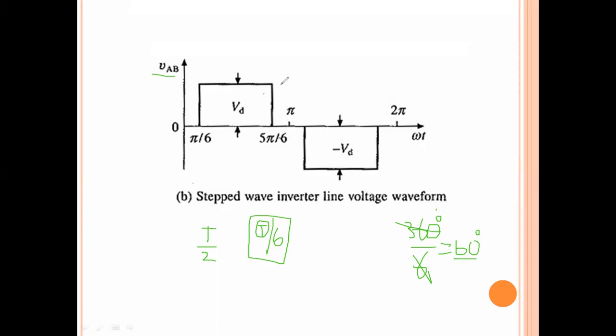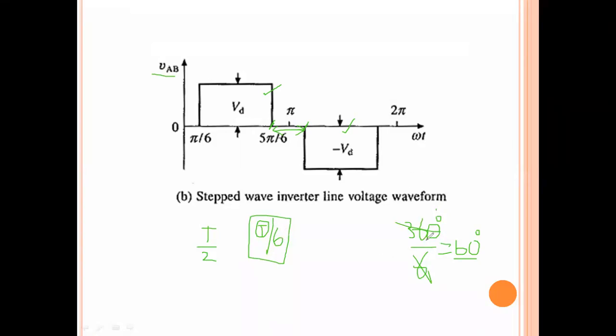You can see here, this is one thyristor turn on duration, and this is another thyristor turn on duration. During these two instances, we must maintain a 60 degree difference. So the gap between two square pulses must be 60 degrees, because T by 6 is our condition.